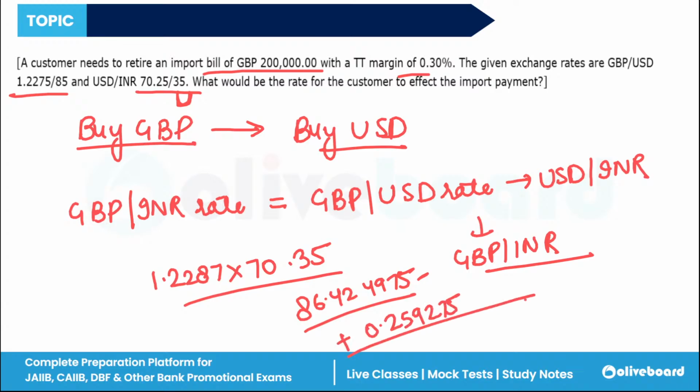When we add that, we get 86.630025. Then this is the final rate, that is 86.63. So that is the rate for the customer to effect the import payment.